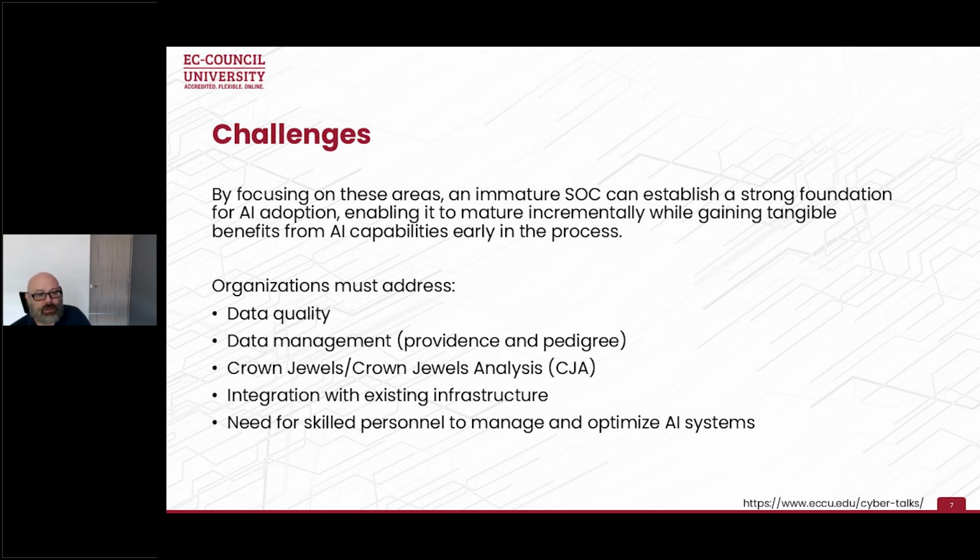Data quality, huge. So data normalization: are you getting the right bits of data? Are you getting the right alerts? Are you getting the right data feeds, the right intelligence data feeds? Data management's huge as you get more advanced and more mature, particularly data provenance and pedigree. What's that, Randy? It's a great question.